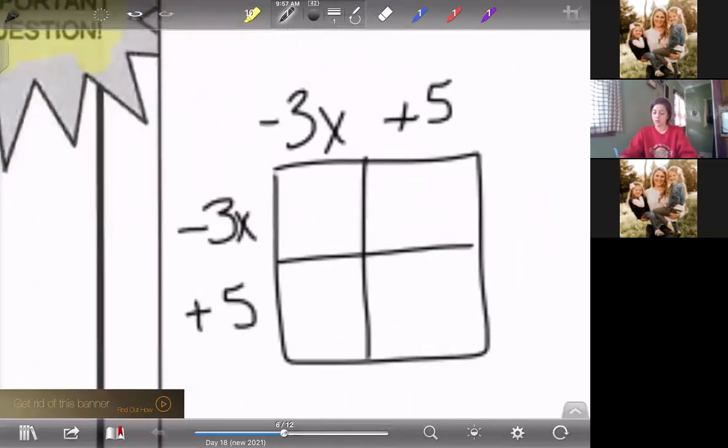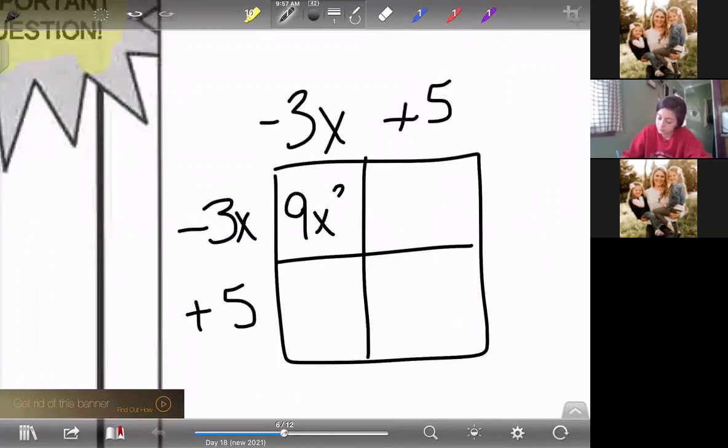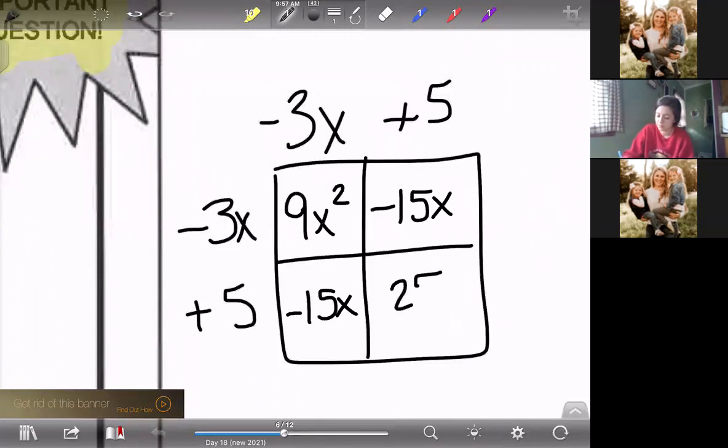So looking solely at that box, negative 3x times negative 3x is 9x squared. Negative 3x times positive 5 is negative 15x. Negative 3x times positive 5 is negative 15x again. And 5 times 5 is 25.